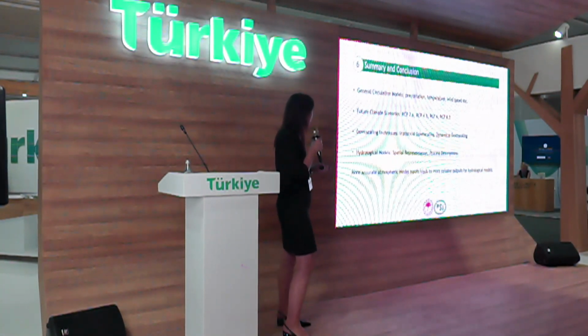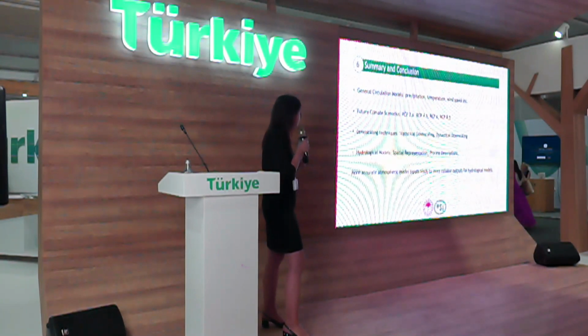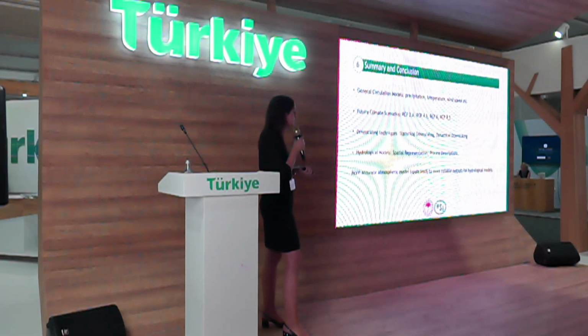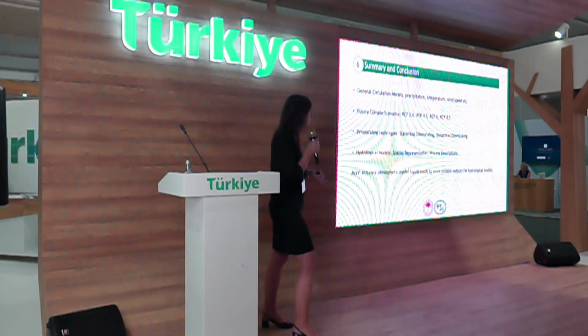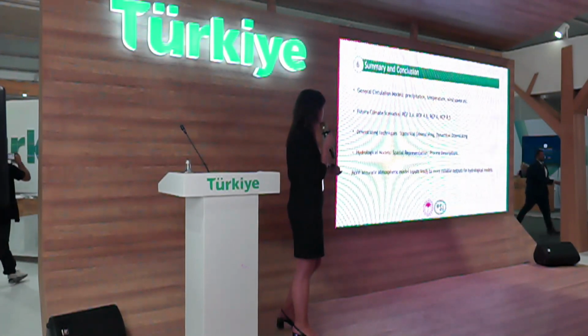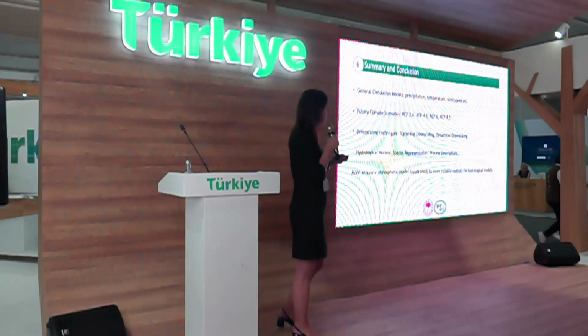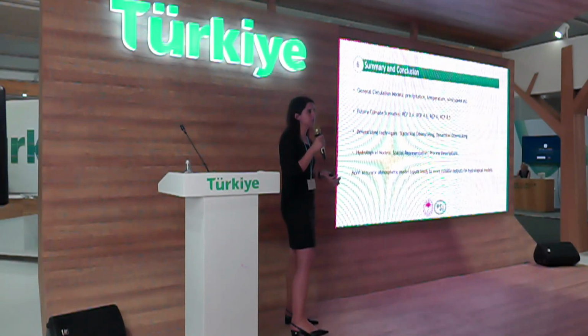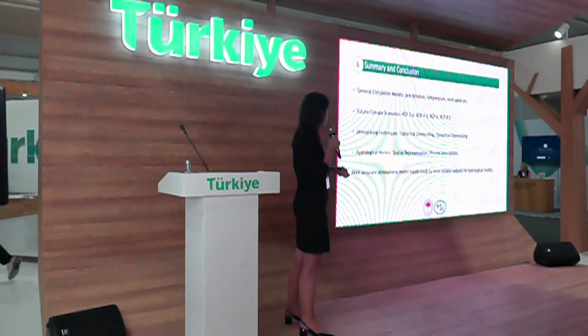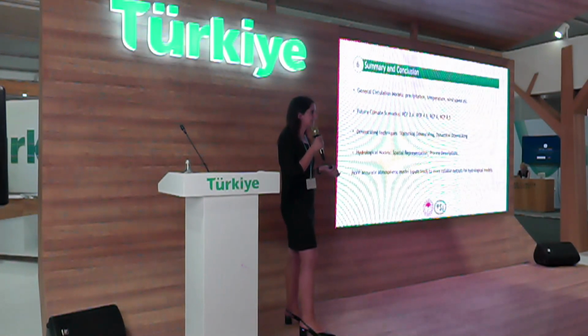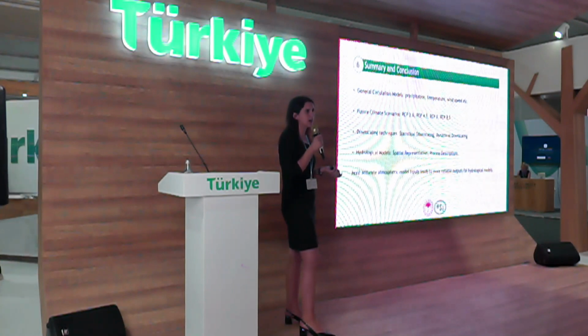To summarize my presentation, even though we know that general circulation models produce good results, they have to include RCP scenarios. There are also different downscaling techniques, statistical and dynamical.